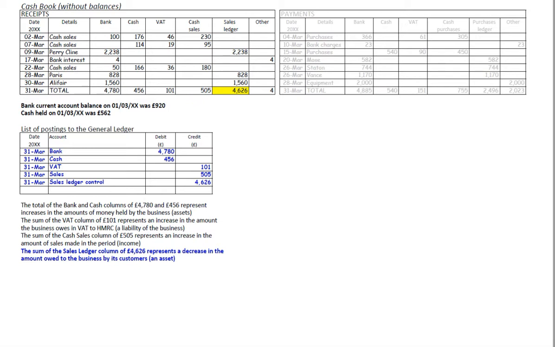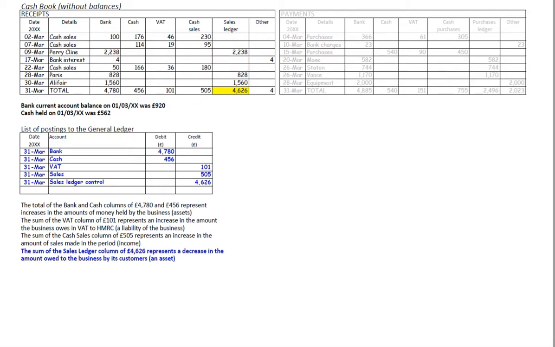And then finally, we have our other column. Now here, what often happens is that we might have a variety of different types of income recorded in this other column. So we'll go through each line separately, and we can post each line separately to individual accounts.